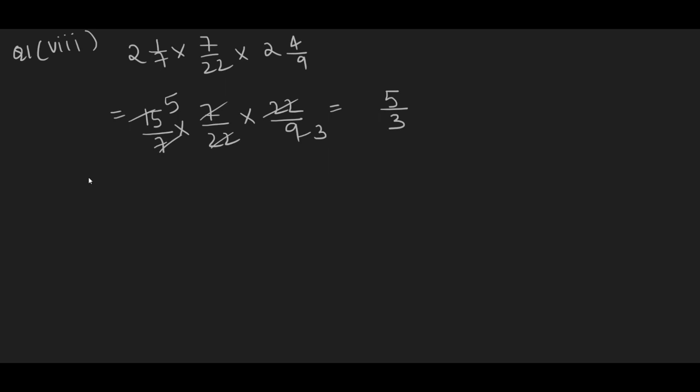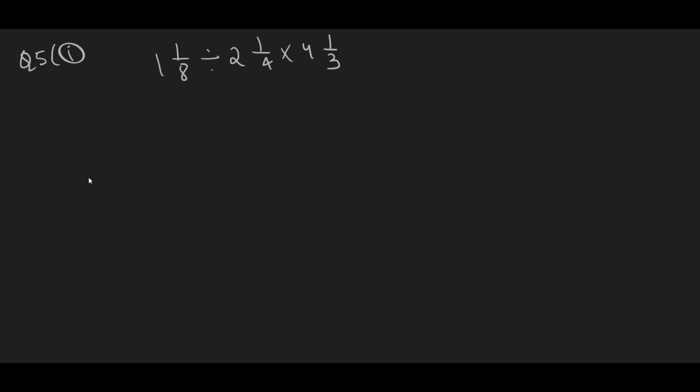The next question that you have, children, is question 5, second part. And it is 1 1 by 8 divided by 2 1 by 4 into 4 1 by 3. So children, bracket of division. First we will solve the division here, but you need to convert them into improper fractions.